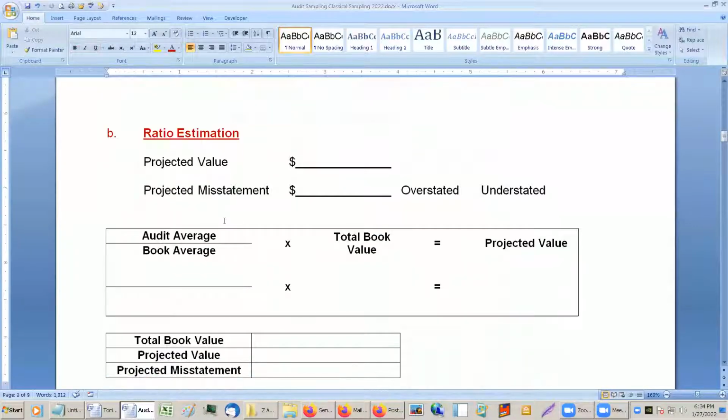Second way we do this is through ratio estimation. Ratio estimation says that things are off by a ratio relative to the size of the item. So for instance, if you had an account that was $50 versus an account that's $50,000.